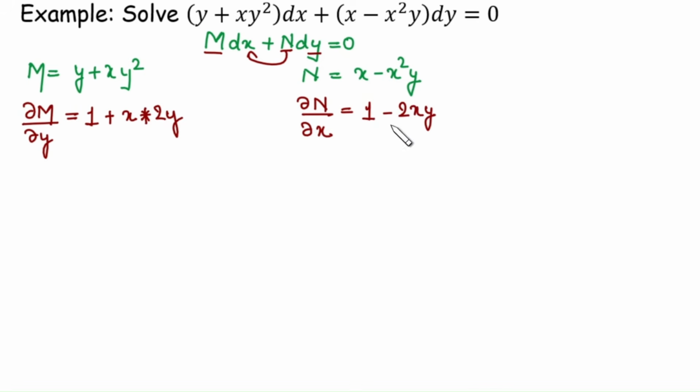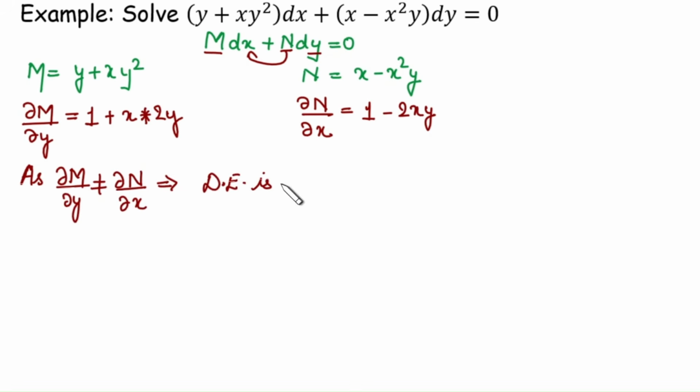We are not getting the same terms. So as the partial derivative of M with respect to y is not equal to the partial derivative of N with respect to x, this implies the given differential equation is not exact.